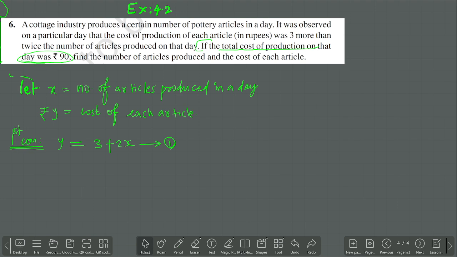Okay, in one day if they work in the pottery work, they are earning 90 rupees.